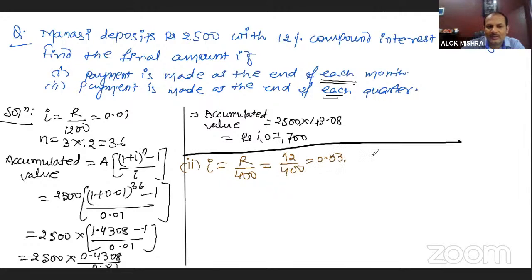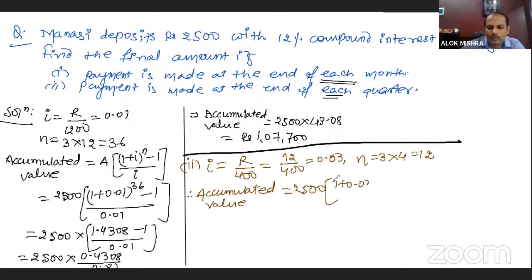And what is the value of N? N is equal to 3 into 4, which is equal to 12. Therefore, accumulated value is equal to, the value of A remains same, 2500 into 1 plus 0.03 to the power 12 minus 1 upon 0.03.